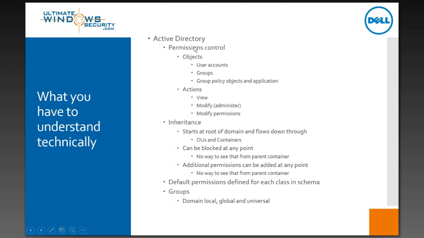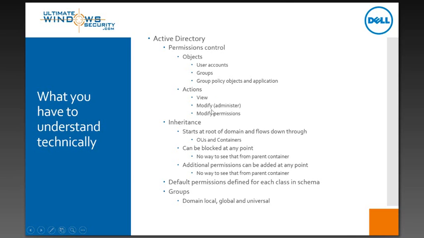And, of course, it all comes down to the permissions in Active Directory. The types of objects we're dealing with are user accounts, groups, organizational units, and group policy objects. The actions we're talking about: well, it is a directory, so who can view this data? But Active Directory is pretty wide open when it comes to view access by default, and most organizations don't change that.